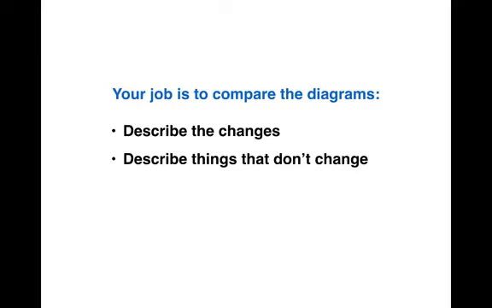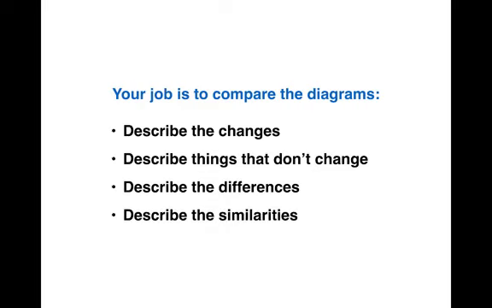If it's a comparison diagram with two alternative designs or two alternative locations on a map, instead of describing changes, we just describe the differences and describe the similarities. That's all you can really do. Look at the two pictures, describe what is different and what is similar.